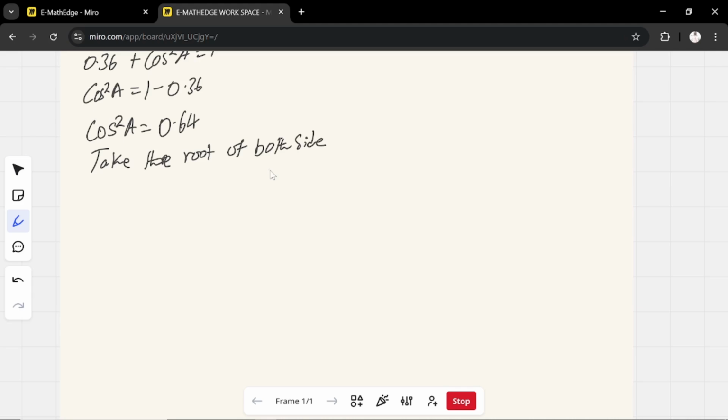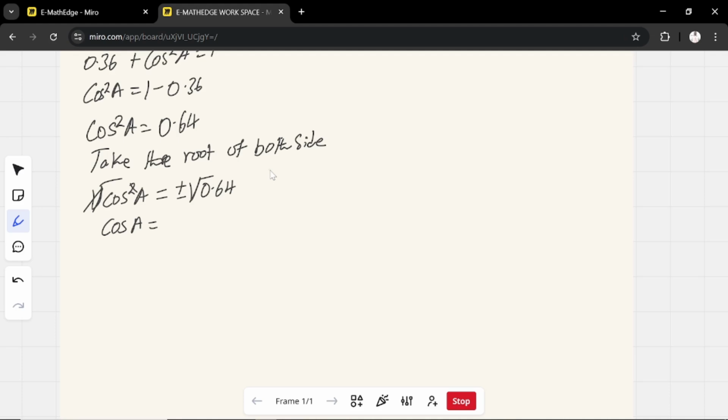So we are going to have the square root of cos squared A equal to plus or minus the square root of 0.64. Remember, when you are introducing the square root to the right hand side, it has to be plus and minus, such that this root will go with the square and we will be left with cos A equal to, so what is the root of 0.64?